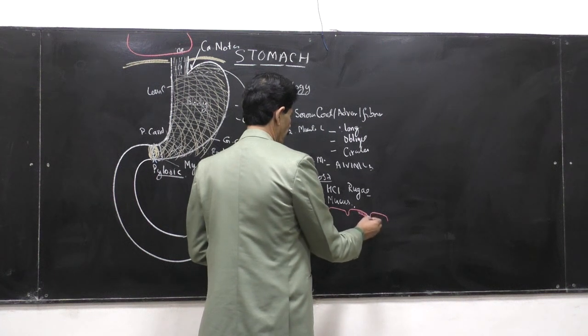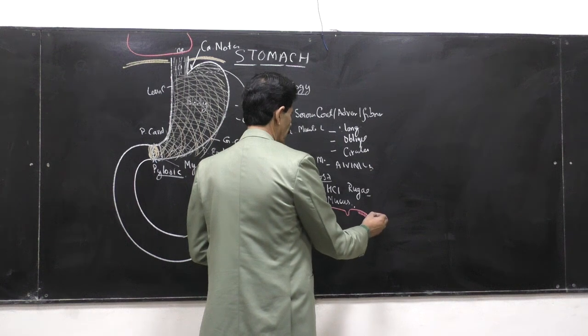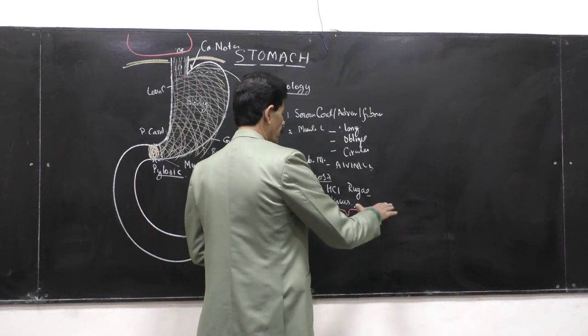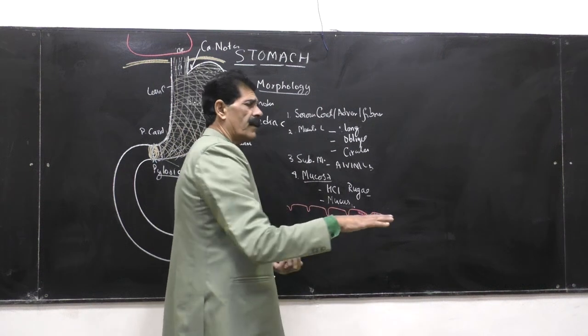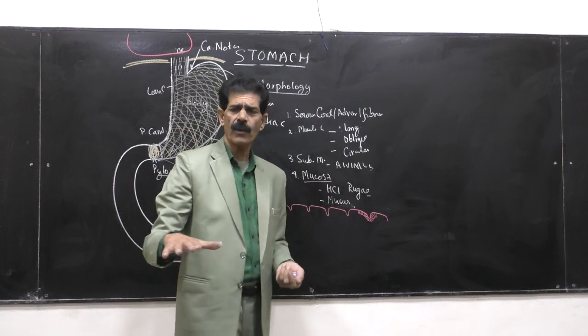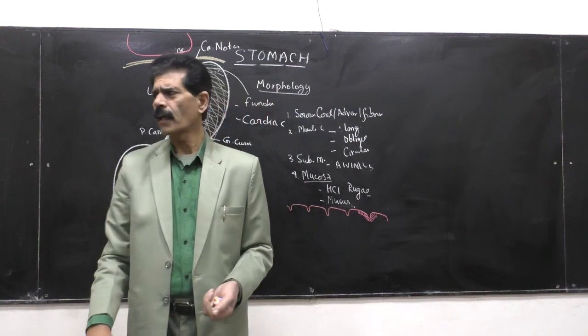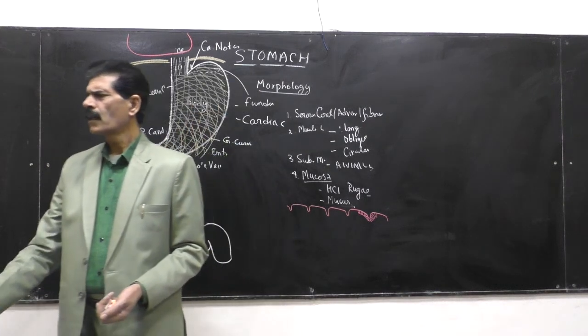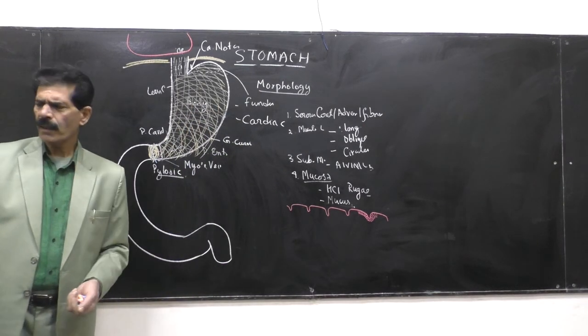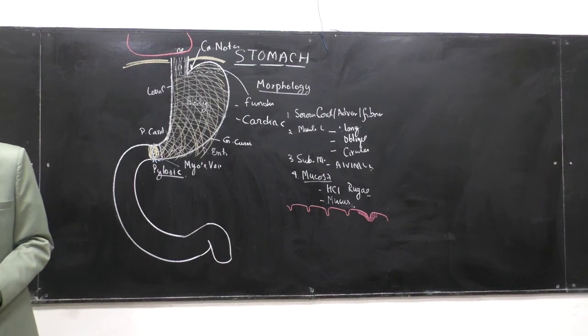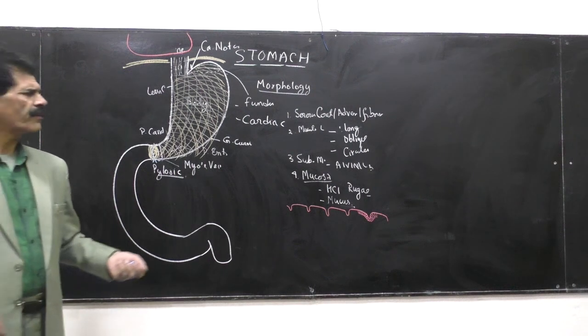When we cut the stomach, spread it, and put our hand over the mucosa, it gives a velvety appearance because of the arrangement of the mucous membrane, which looks like a soft structure.